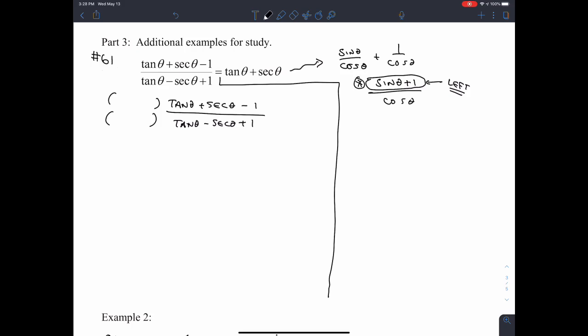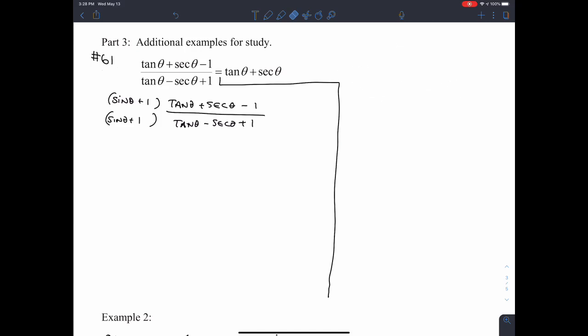All we're doing on the right side is getting a clue as to what we should be doing on the left side. So sine theta plus 1, sine theta plus 1. Staying with our rule of identities, you are not allowed to multiply through the equal sign, so we're just going to multiply top and bottom.